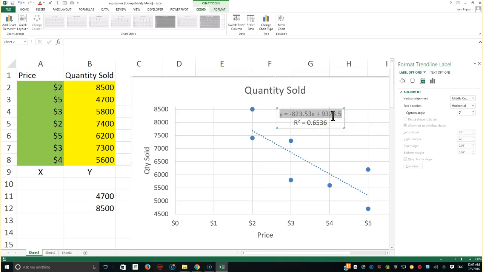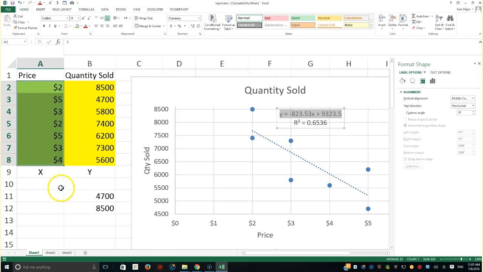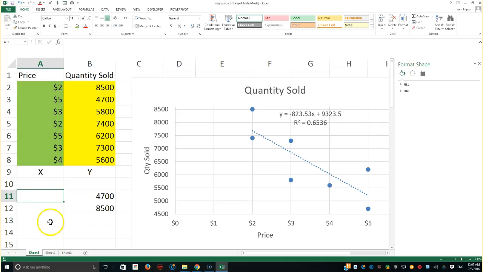For example, if I wanted to see what the missing quantity would be, we have a price of 2,534. So maybe we want to see what the quantity would be at a price of 3.5. I would say it's minus 823.53 multiplied by 3.5, plus the intercept, which is 9,323.5.